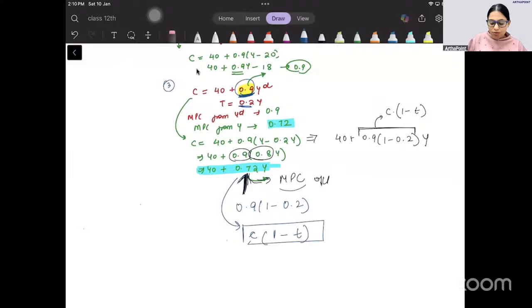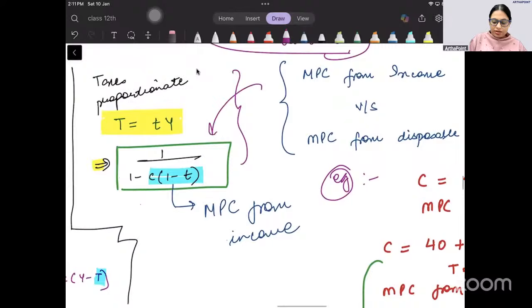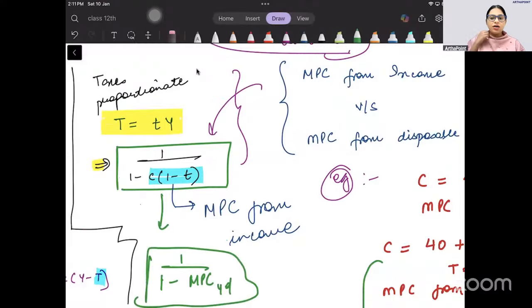So the marginal propensity to consume out of income is c into 1 minus t, where this c is the marginal propensity to consume out of disposable income. So what we are saying here is, in this formula that we wrote, this is nothing but 1/(1 minus marginal propensity to consume out of income), sorry, out of income, where small c is the marginal propensity to consume out of disposable income.